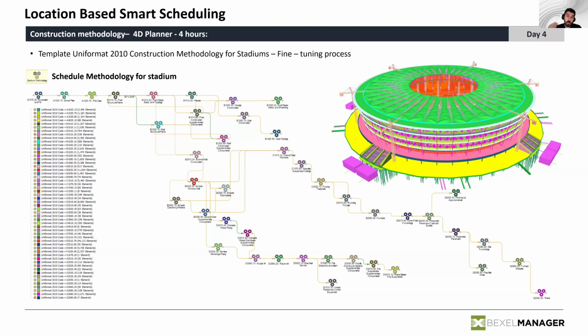We knew exactly the technology of execution, and the quantities of the works to be executed, by classifying the model elements and assigning them to the schedule and to the cost structure. And we built the schedule very quickly.